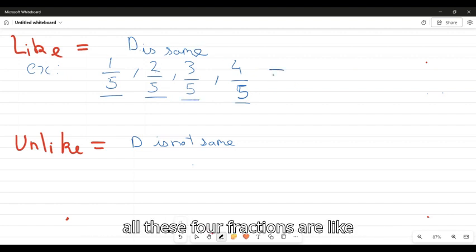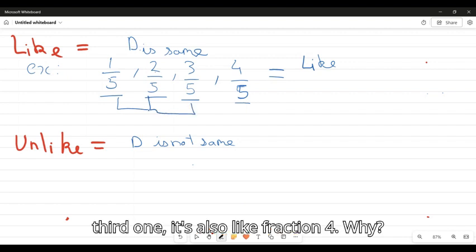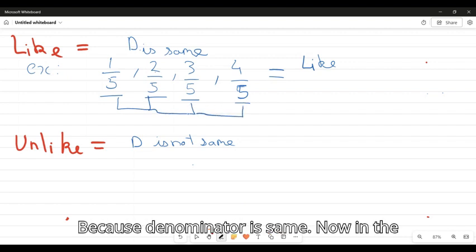So all these 4 fractions are like fractions. Even if we compare any two, these are like fractions. If we have the third one, it's also a like fraction. For all, why? Because the denominator is the same.